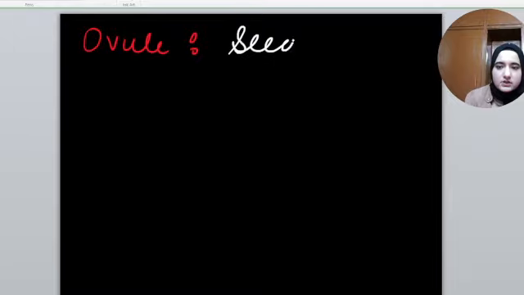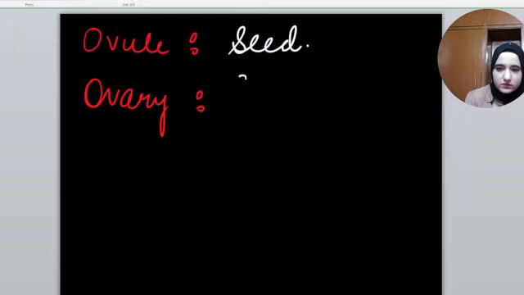First of all, we know what will happen after fertilization. Ovule will get converted into seeds, right? And ovary will get converted into fruit.